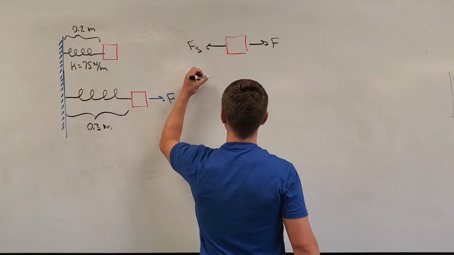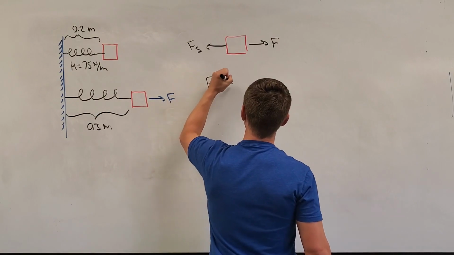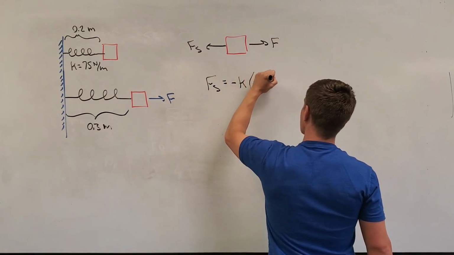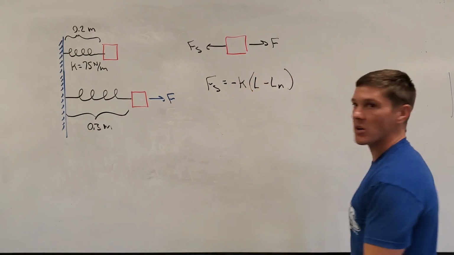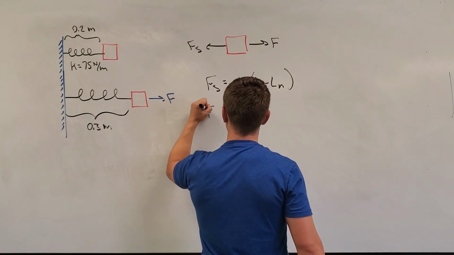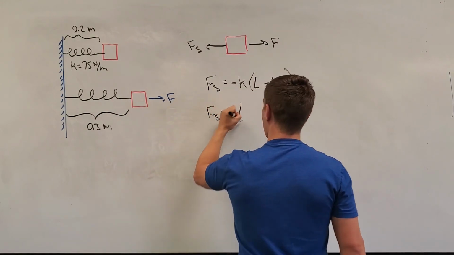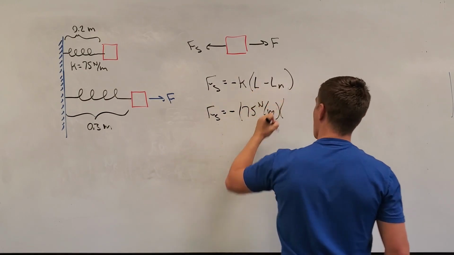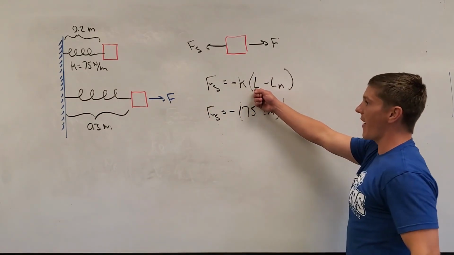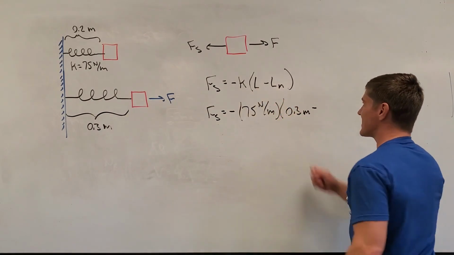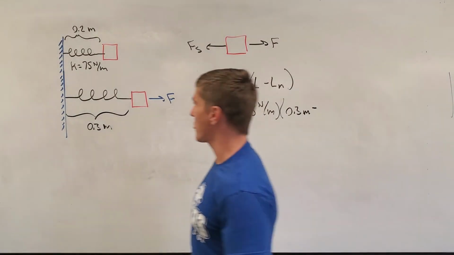For this, we just jump right into Hooke's law. So Hooke's law says that the force of our spring is going to be equal to negative k times L minus our natural length. So in this case, the force of our spring is equal to negative, k was given as 75 newtons per meter, and we stretched it to a final length of 0.3 meters, minus its natural length, which was given at the beginning of the problem.